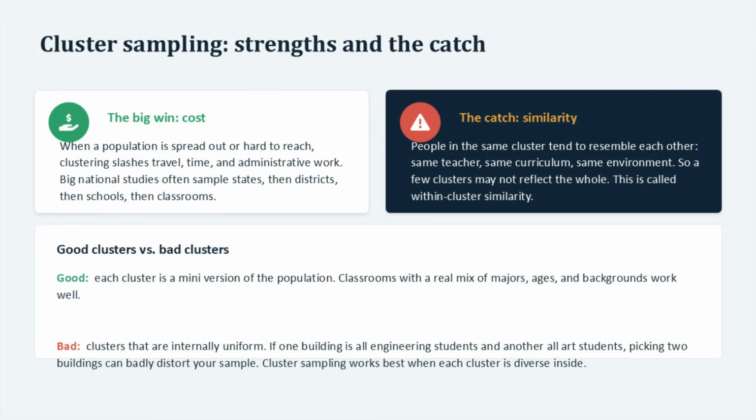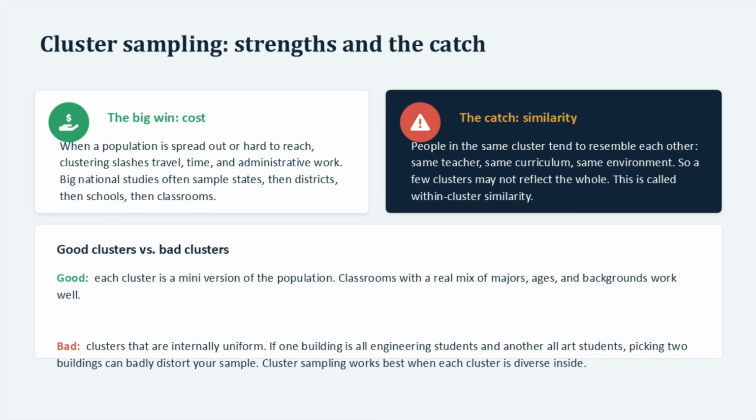So let's be honest about the trade-offs. Because cluster sampling has one major strength and one major weakness. When your population is spread out or difficult to reach, cluster sampling can dramatically reduce travel, time, and administrative work. In fact, large national studies often use this idea in several stages.